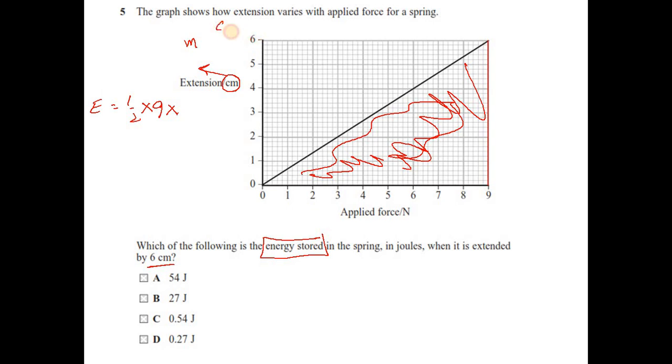That means 6 divided by 100, which is 0.06. When you multiply these numbers, you have the energy stored, and this energy is 0.27 joule. So option is D.